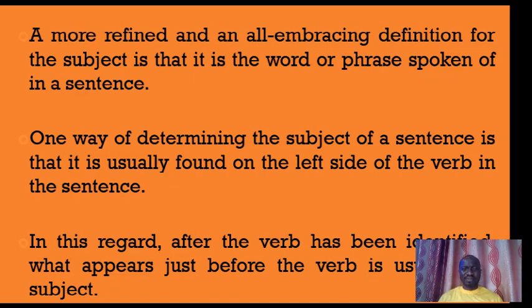One way of determining the subject of a sentence is that it is usually found on the left side of the verb in the sentence. In this regard, after the verb has been identified, what appears just before the verb is usually the subject.